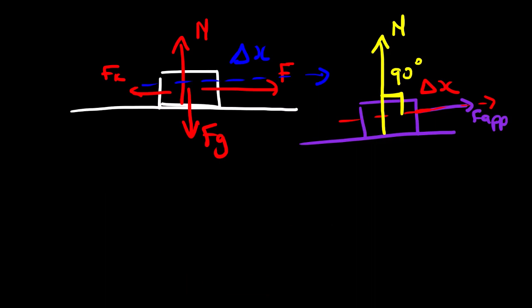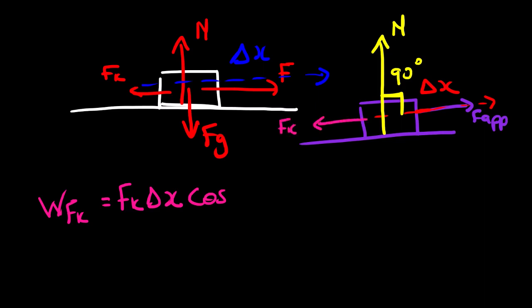Our next force, let us talk about kinetic friction, the work done by kinetic friction. This will be kinetic friction, and then let us figure out the angle. From the displacement to the kinetic friction, we can see this angle is 180 degrees.